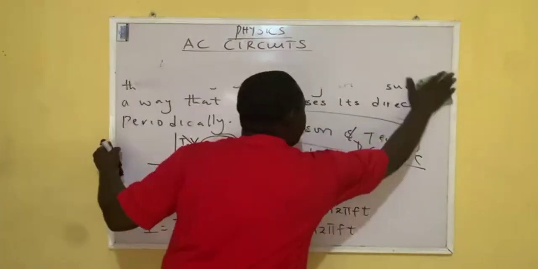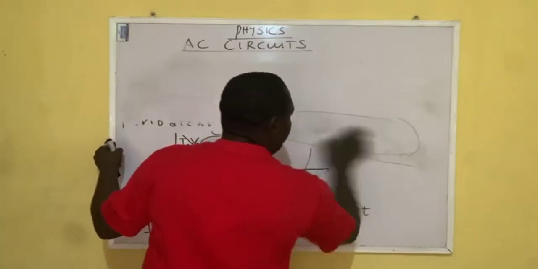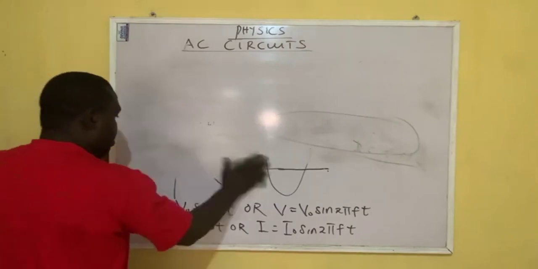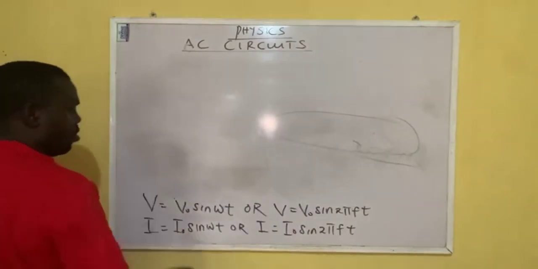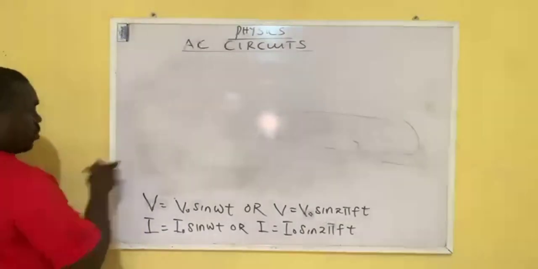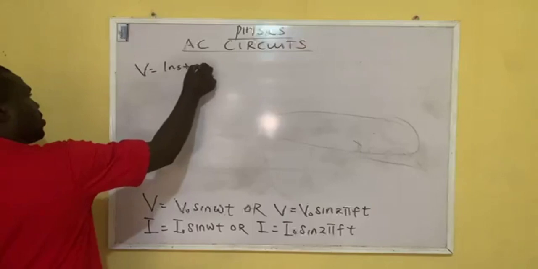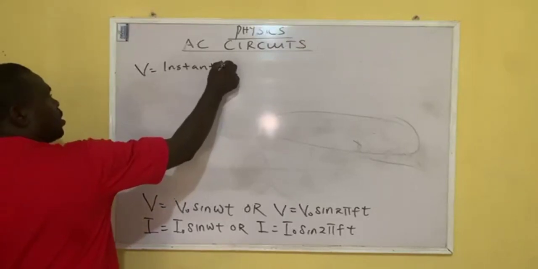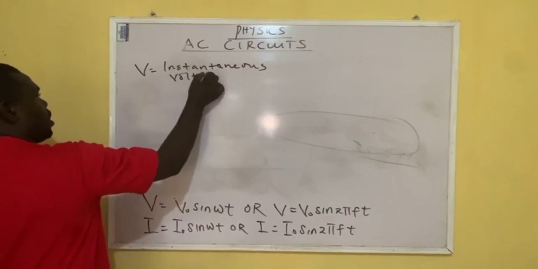Okay, so I will explain the parameters. Looking at the parameters, my V is my instantaneous voltage.